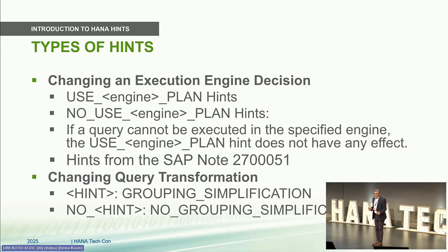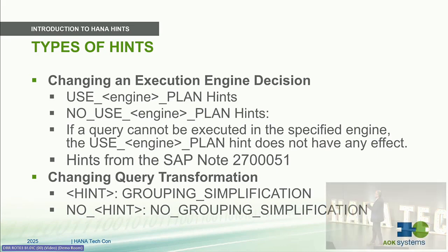There are 4 types of hints. Most of us see mostly the execution agents, but there are also some other hints which can be implemented. There are hints that change the execution agent's decisions, use HEX plan or no use HEX plan, use OLAP plan or no use OLAP plan.